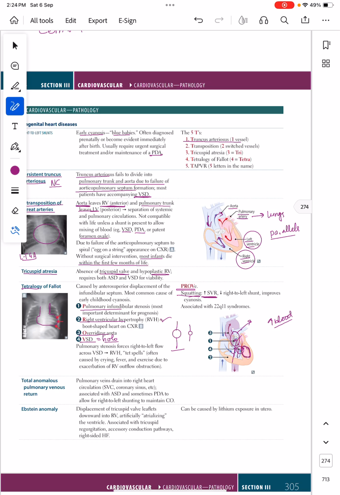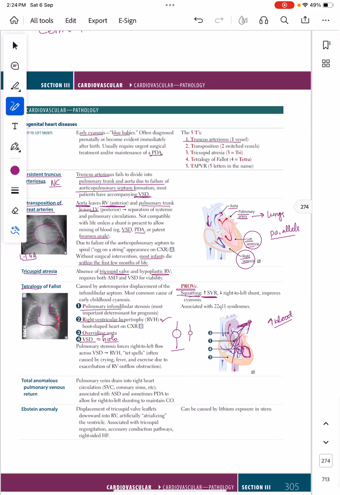When the pressure here is more, this VSD does not allow the blood to flow from the right ventricle to the left ventricle, because the pressure in the left ventricle is so high that it opposes that flow. So eventually the blood is redirected towards this stenosed pulmonary trunk, and it goes towards the lung. So it helps in better oxygenation.